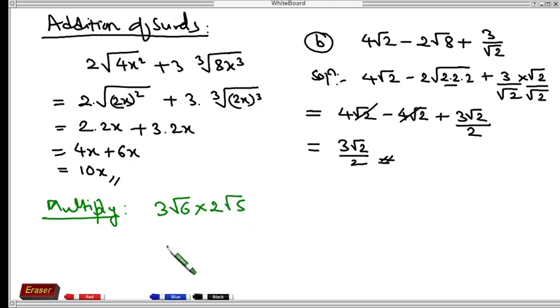Then what can we do? The order is 2, so we can multiply the coefficients: 3 times 2 is 6, and 6 times 5 is 30. Other than this we can't do more, because the factors of 6 are 2 and 3, and here the factor is 5, so we cannot simplify more than this.